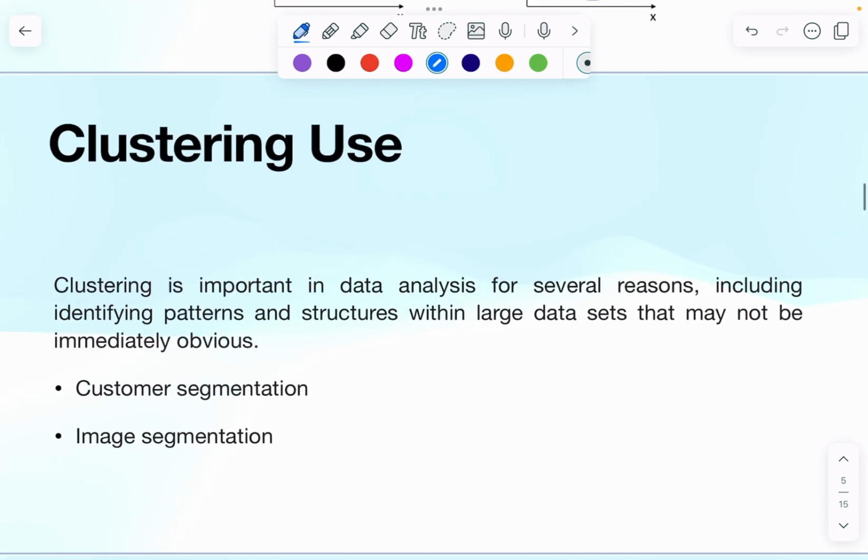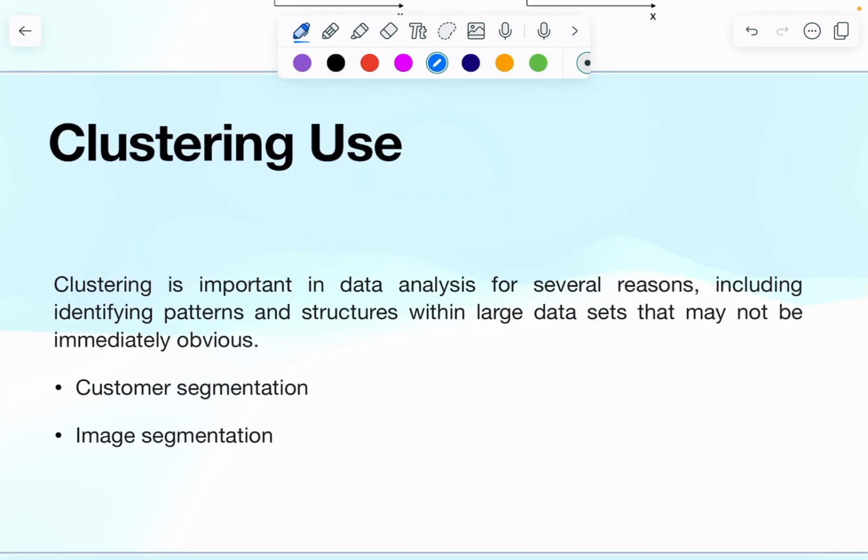Okay, so how can we use clustering? Clustering is important in data analysis for several reasons, including identifying patterns and structures within large data sets that might not be immediately obvious. So the first example is customer segmentation. Imagine you have 1 million customers and you have no idea what they look like.